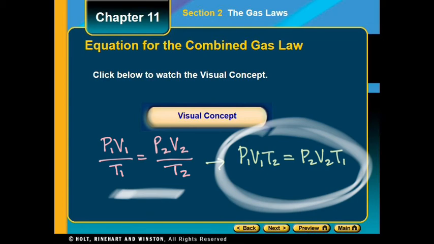You would have marked through the variable that was held constant. So if you were working with Charles' law and pressure was held constant, just mark through P1 and P2. You won't even use it since it's constant, and notice you still have the proper equation left over. But you do need to be familiar with which gas law goes with which set of variables.